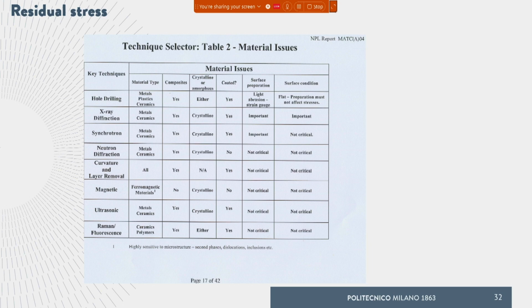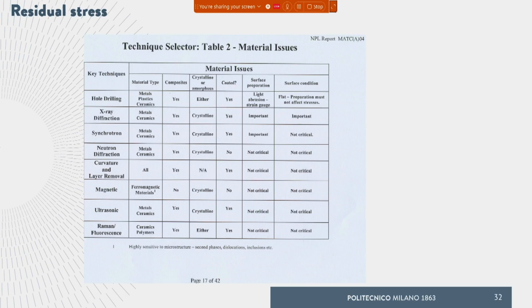These are possible material issues to consider, with the surface condition that we need, and then the surface preparation, whether it's coated or not, and this kind of thing.